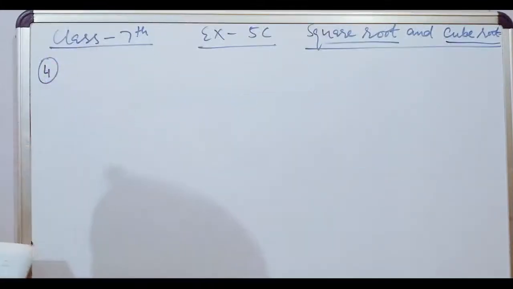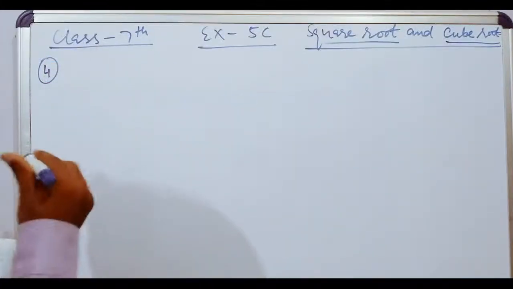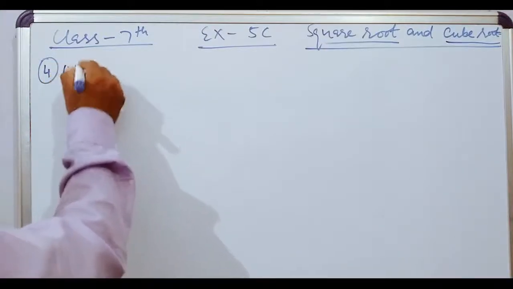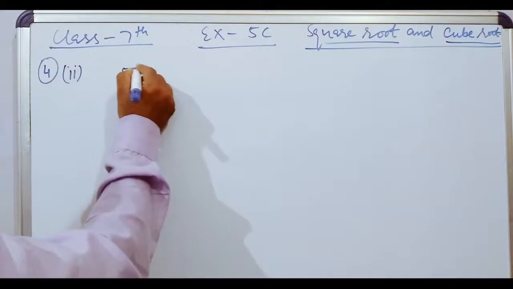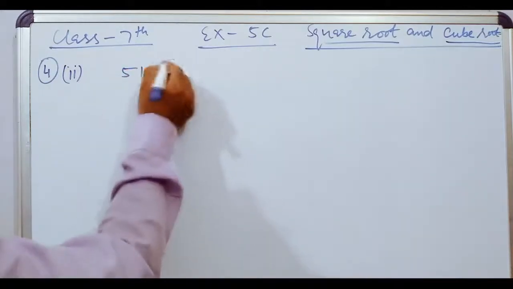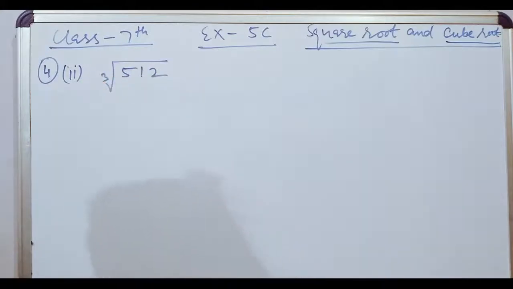4. Find the cube root of each of the following numbers. So, second part, 512. We have to find the cube root of 512. So, how? This is the symbol of cube root.